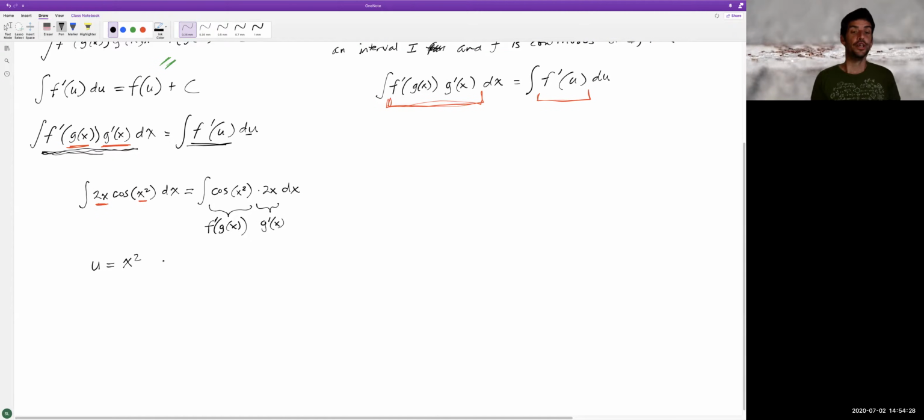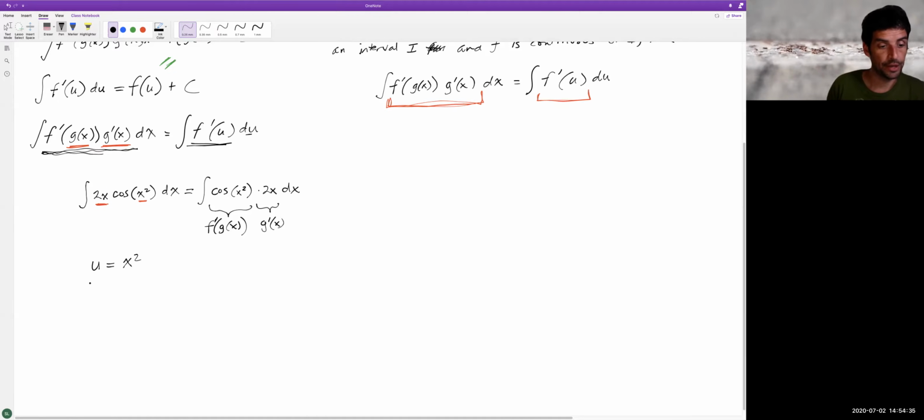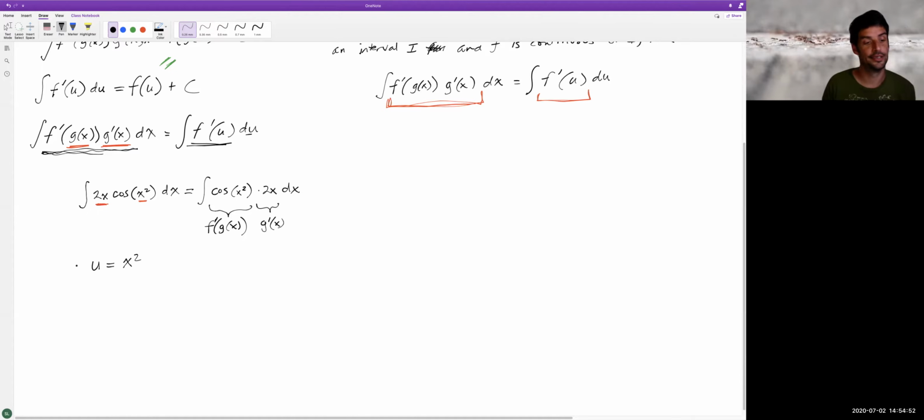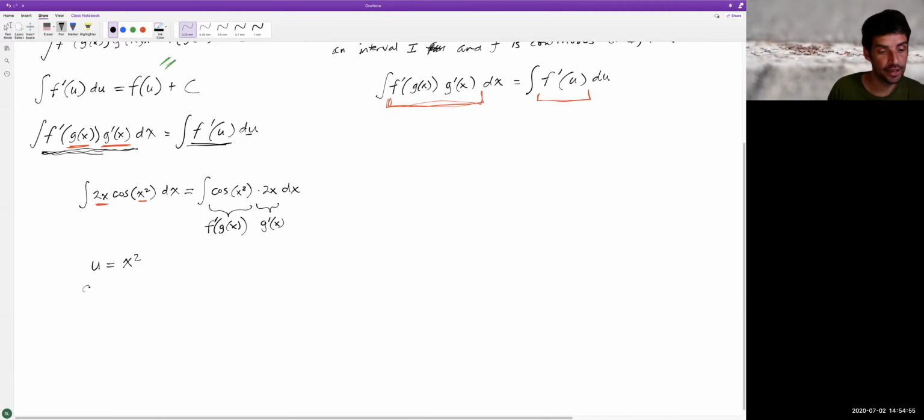Okay? So here's the idea. We're going to use differentials, right? There's a couple ways to think about this. I'm going to mostly think about it algebraically right now and do something that's a little bit inappropriate, but it helps us understand the notation at this point. If I take the derivative of both sides, in other words, if I take the derivative of u with respect to x, of this whole thing, I'll get du dx equals 2x.